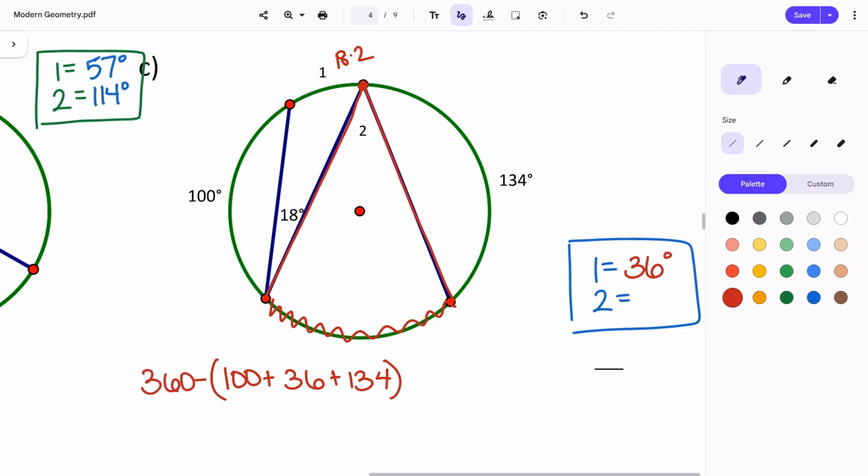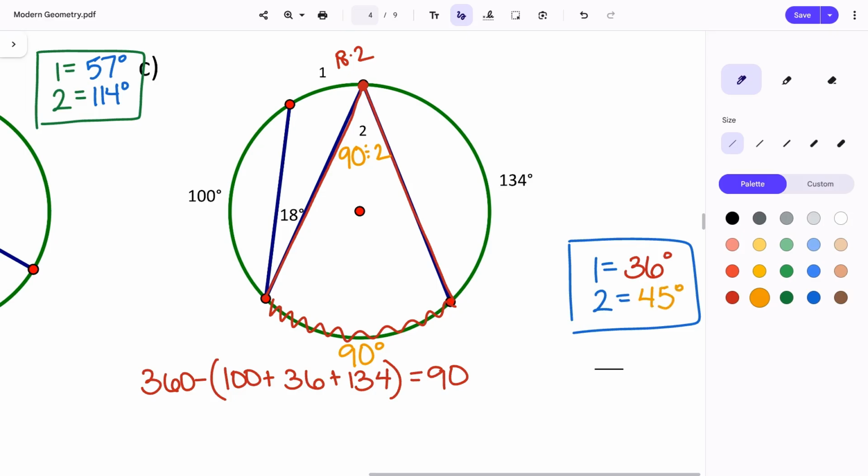Because remember, a full circle is 360. I have everything on my circle but this piece. So let's use all of this to help me get this. It's 90. Okay, so this is 90. That means that this arc here is 90. So how much is the angle 2? 45. Good, 45. You got to cut this in half. 90 divided by 2. So 45.